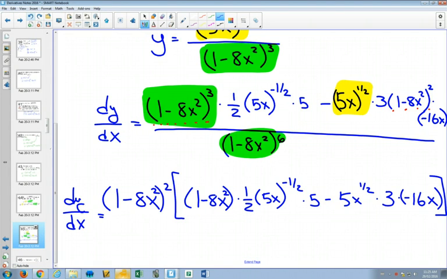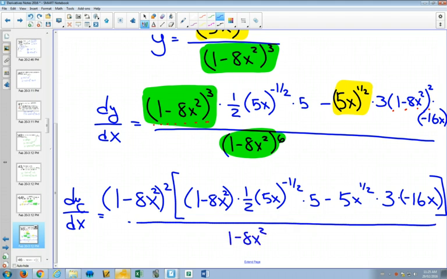And since we took 2 of those out, this is all over 1 minus 8x squared to the 6. So I'm getting ahead of myself there.